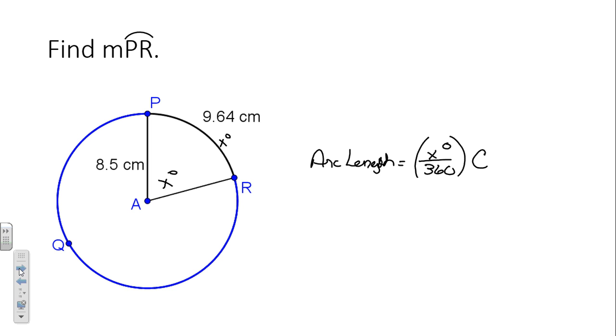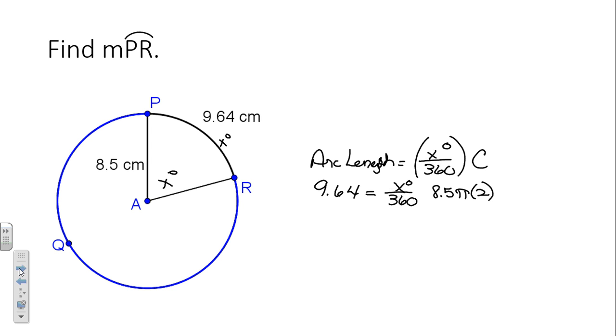All right, so we don't know what x is, do we? Okay, what is the arc length in this example? 9.64. So we're putting 9.64 in that spot. We're trying to figure out what x is. And how are we going to find the circumference here? 8.5 times 2 to get our diameter times pi. 17 pi, right?